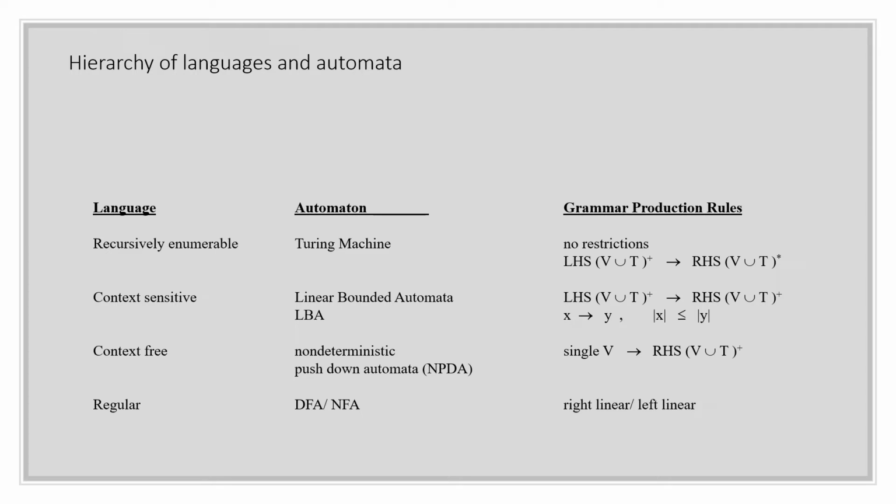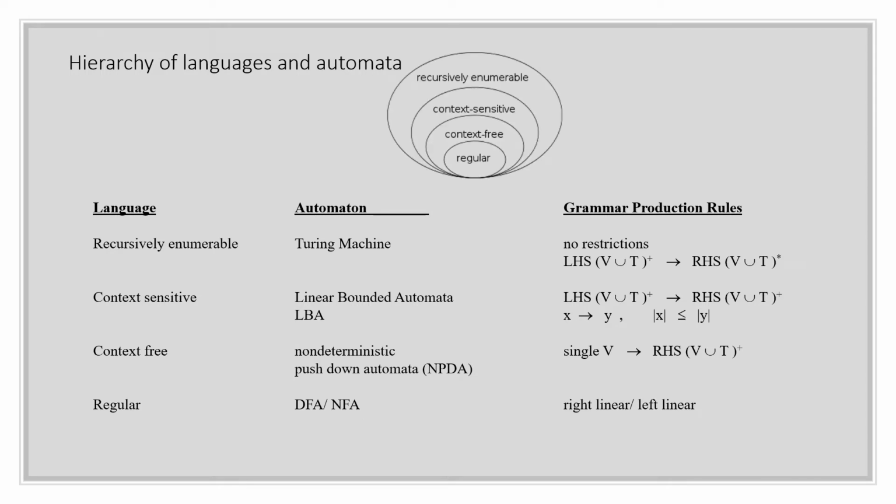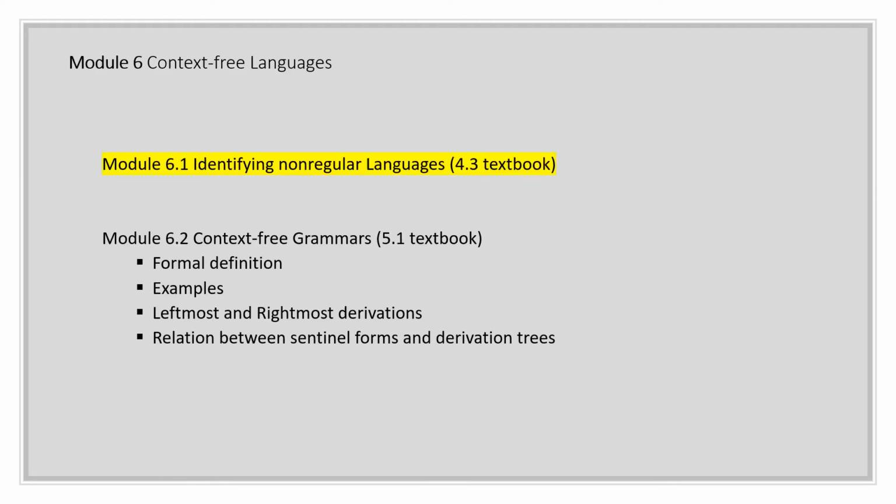You should Google Turing and Turing's thesis; we will be talking about that later in the semester. Here you can see that regular languages are a subset of all of the other languages. We spent quite a bit of time just understanding what a regular language is, and now it's time to identify non-regular languages.